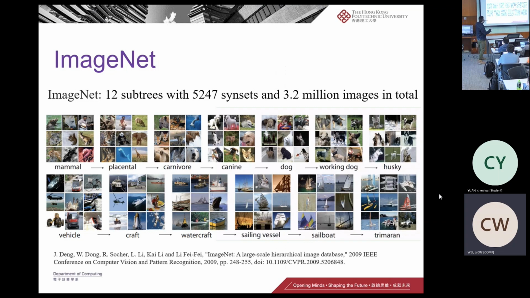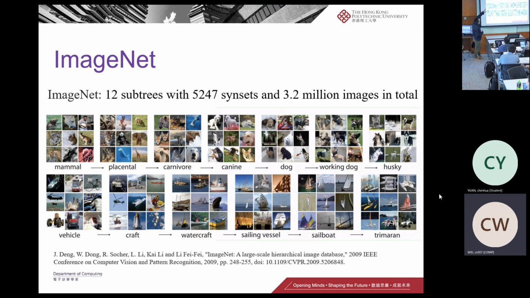So there's an effort coming out, called ImageNet. It's an effort to collect and organize data at a very large scale, because as I mentioned, one of the reasons is you don't have such scale of examples for training. So they built it at a very large scale.